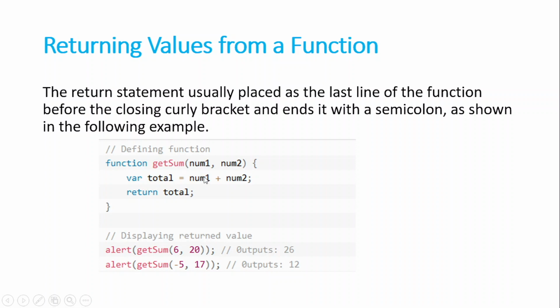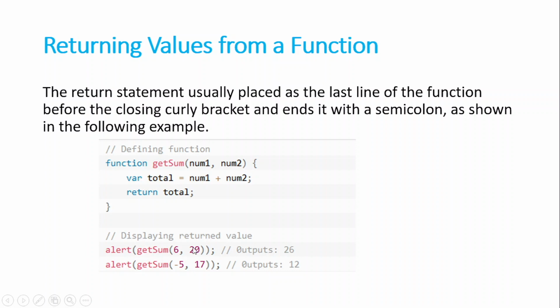It is just like the sum function, getSum. We are totaling in a total variable, summing those two parameters, and then we are returning the value of total. So that value can be assigned to other variables, or it can be console logged, or it can be reused in any way.